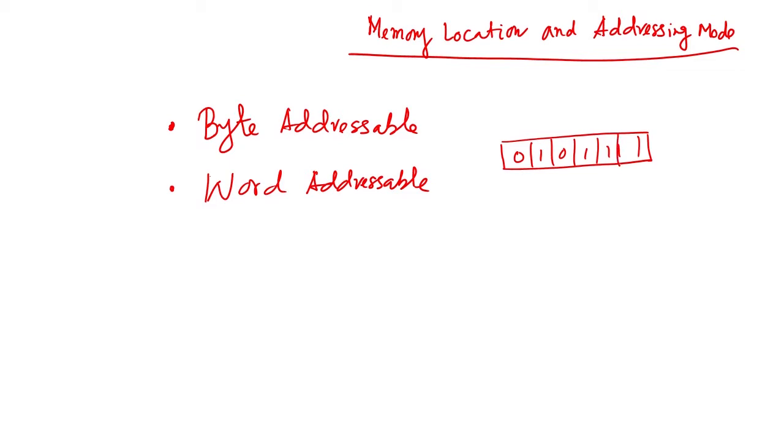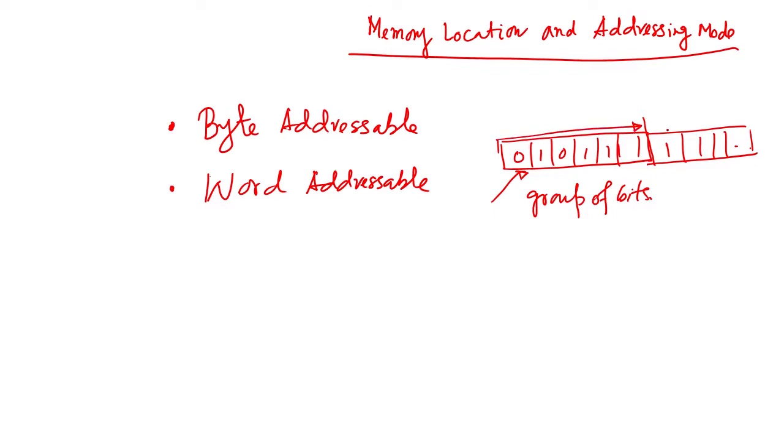Similarly, we have again a group of information, and so on. To access this group of bits, we need to distinguish this group of bits from the other group of bits.